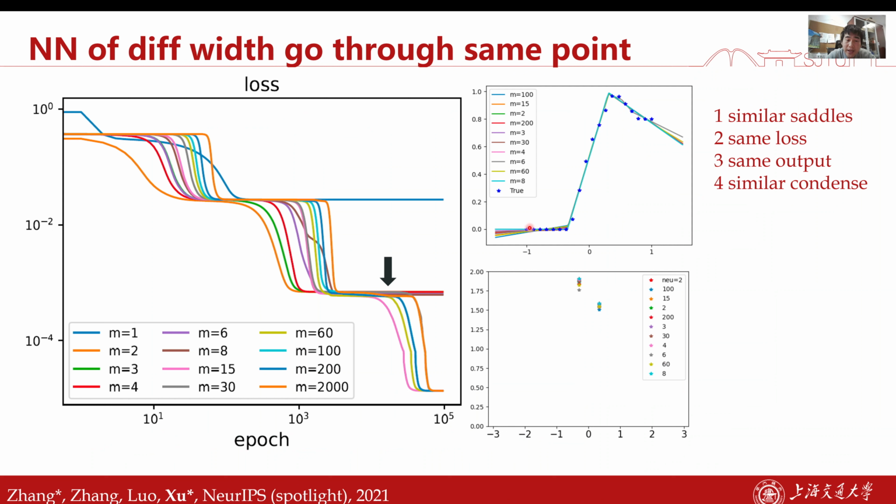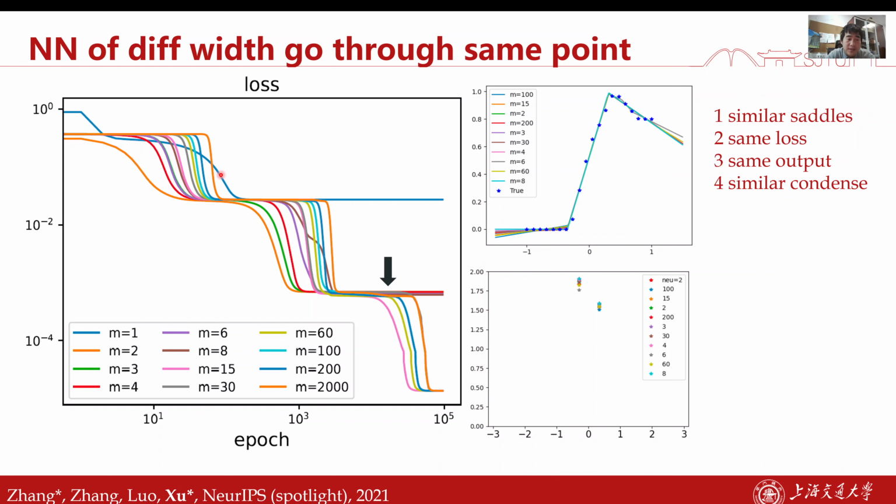The training data we use is the blue star points shown here. And we use networks with different widths, and they are completely independent trainings, but with the same initialization scale. The same gamma prime in our phase diagram, so they have similar training behavior.